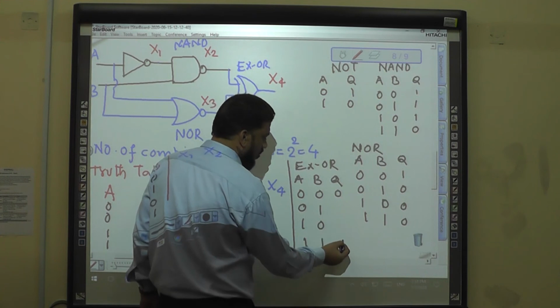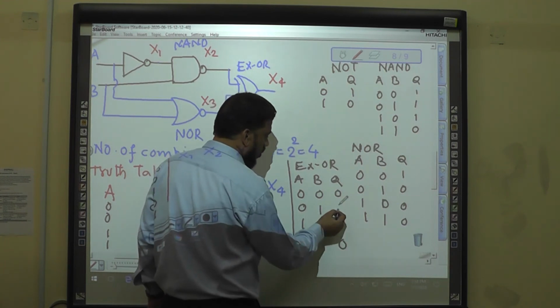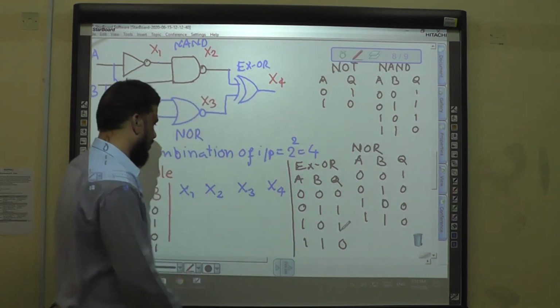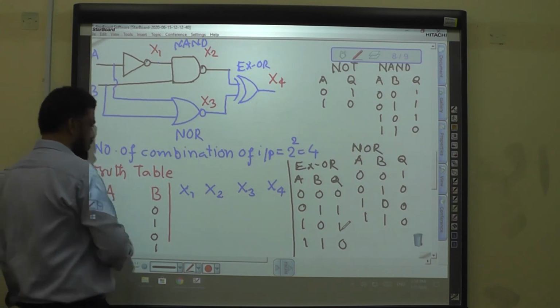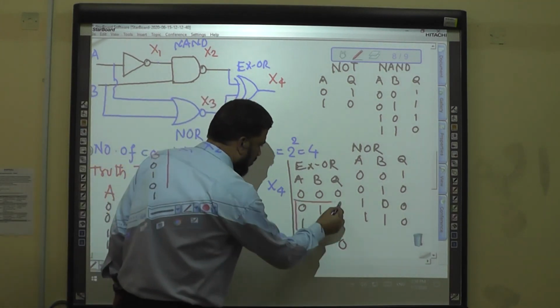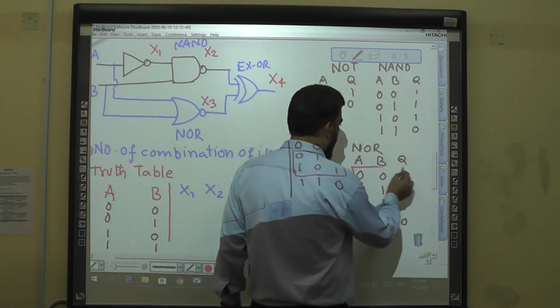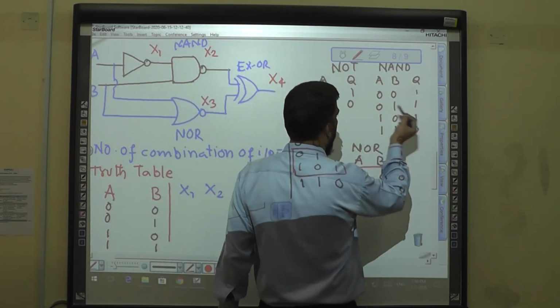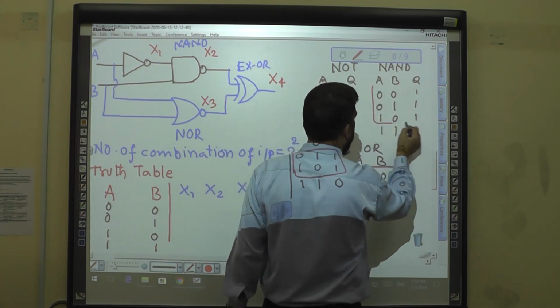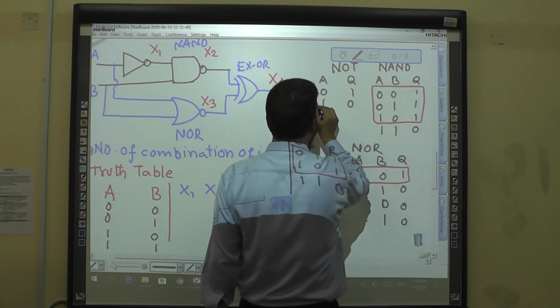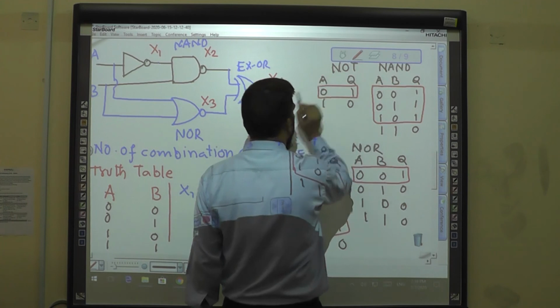Only when the inputs are the same, the output will be 0 and the remaining will be high. Remember this one. Where it is 1. Where it is 1. Where it is 1. And where it is 1.